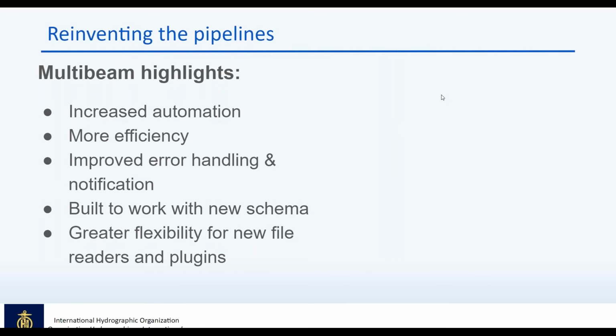The new pipeline is designed in conjunction with the new database schema, and it includes flexible options for future file readers and plugins, ensuring the pipeline will fit our needs well into the future. All of this will enable us to handle new multi-beam data formats when they arise. We'll be able to handle new platform types, for example, unmanned systems, and we'll be better prepared to handle processed data and products.